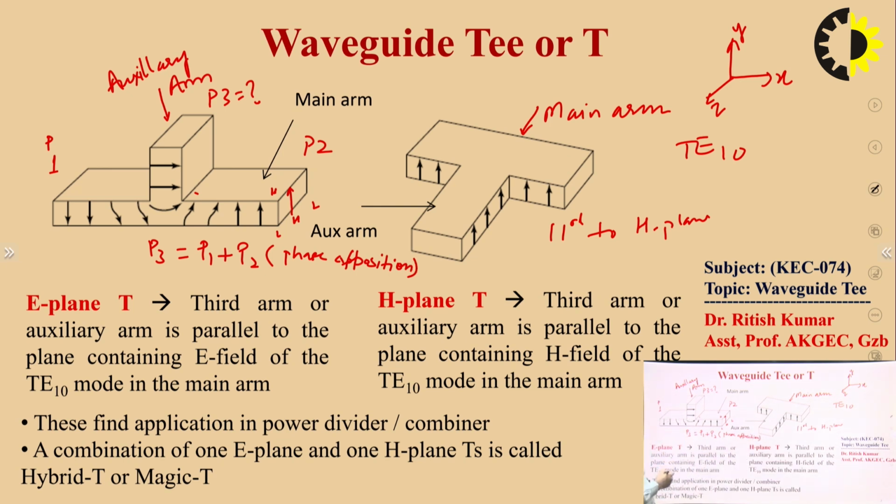If I say in terms of same phase, if I apply the same phase at port number 1 and port number 2, then the output at port number 3 would be P1 minus P2.